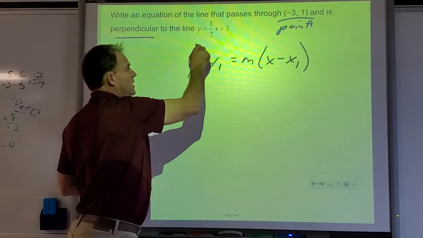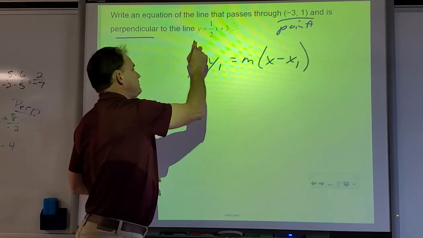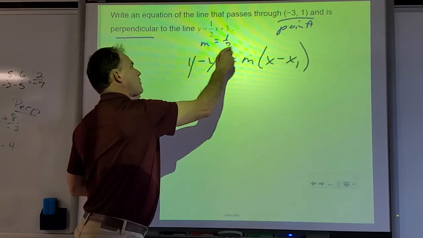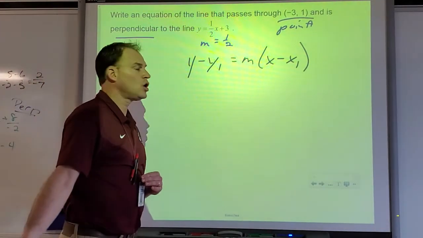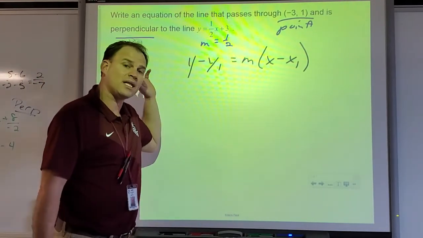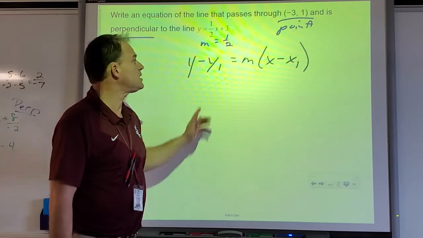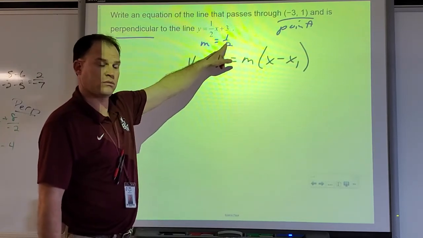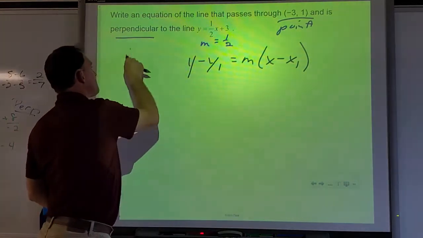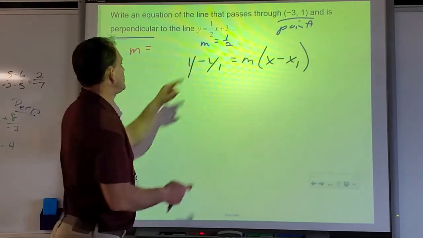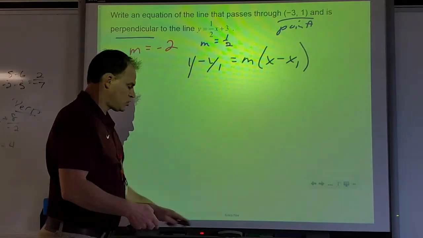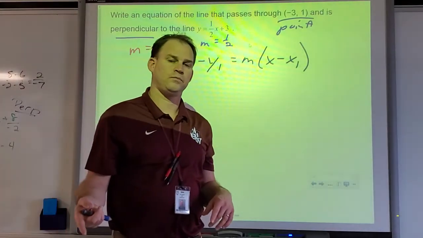It was right here. What's it say? What's the slope? So if it tells me it's perpendicular to this, what's the slope of that red line? Perpendicular to this. Remember, opposite reciprocal. Change the sign, flip it around, so the slope is -2.